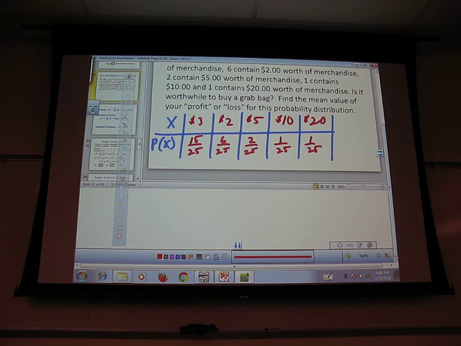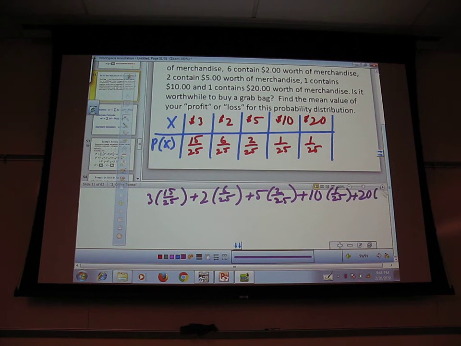You're going to do 3 times 15 over 25, plus 2 times 6 over 25, plus 5 times 2 over 25, plus 10 times 1 over 25, plus 20 times 1 over 25. And you'll end up getting $3.88.